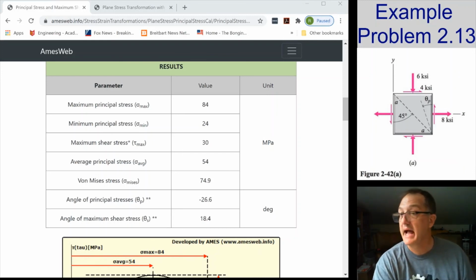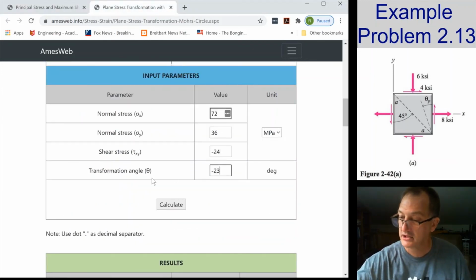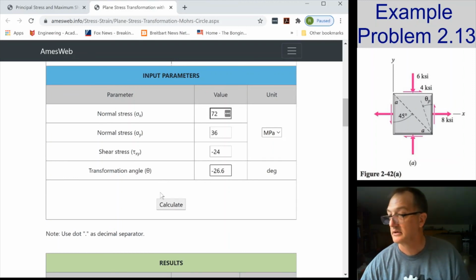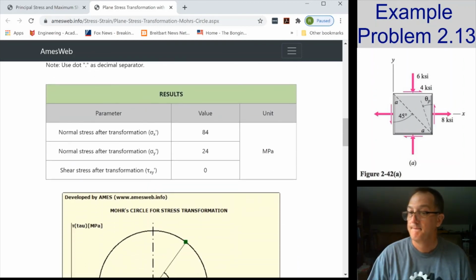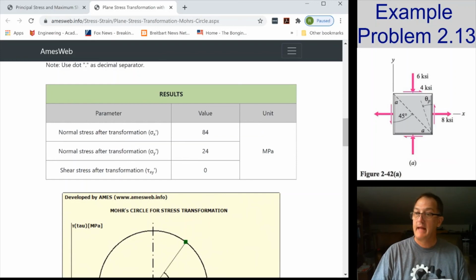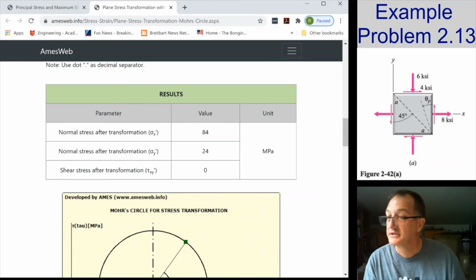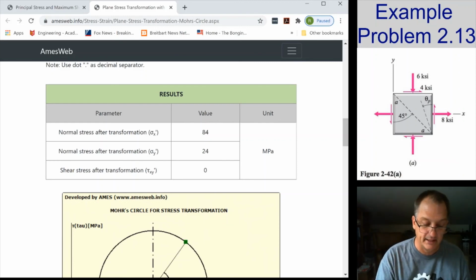If we went back to the other page and I put in a transformation angle of minus 26.6, I don't remember, close enough. Scroll down. My maximum stress is 84. That's this point out here. And I calculate the radius.